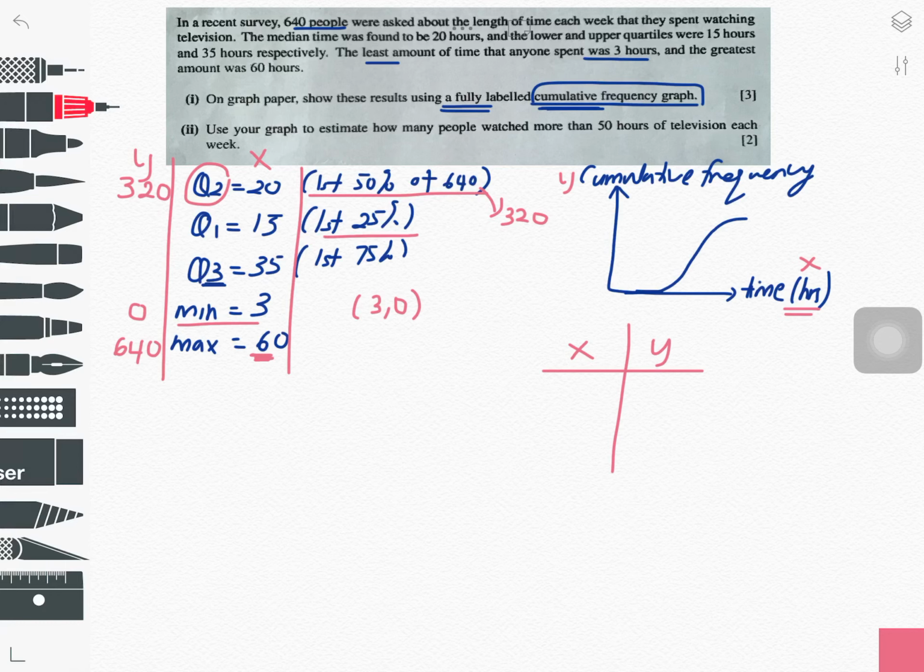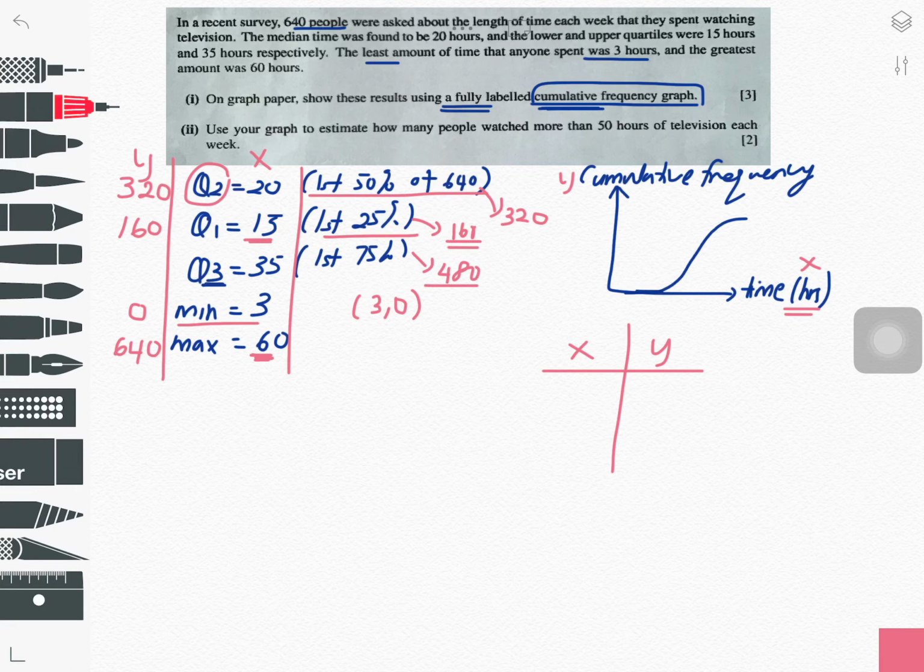First 25% of 640. So 640 divided by 4 is 160 people. So the first 160 people spend 15 hours to watch. So you get 160. And then first 75% of the 640 is 480 people.